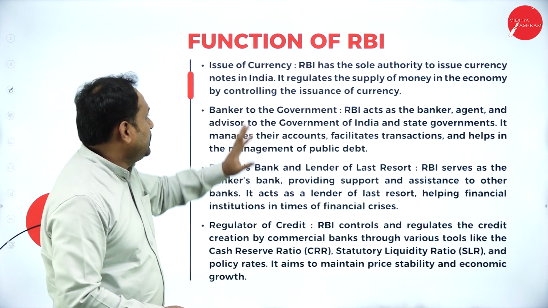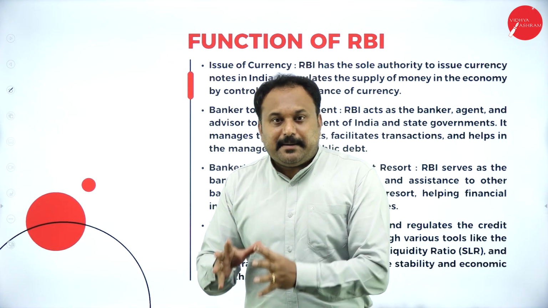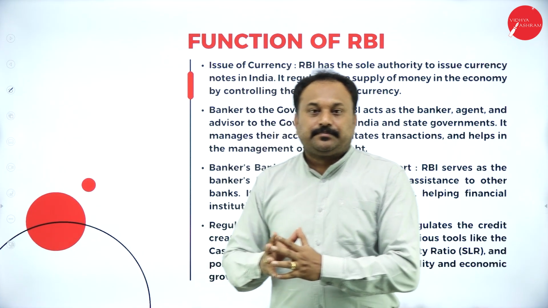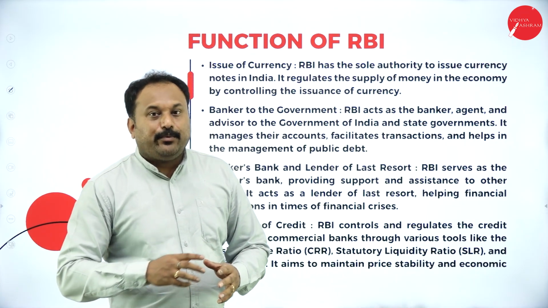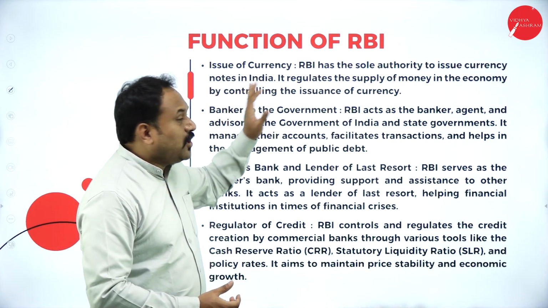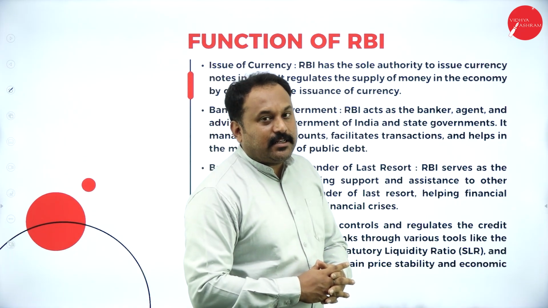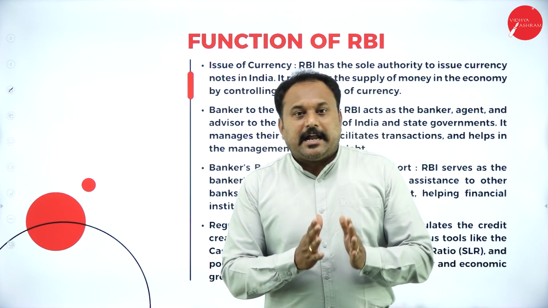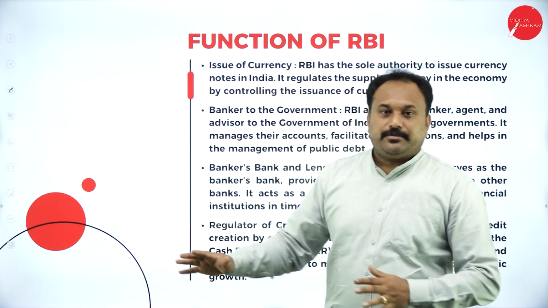Now I have listed a few of the things. Issue of currency: the body which creates or issues currency, there is only one answer, that is RBI. Without RBI's consent, you or I cannot print notes in our house.